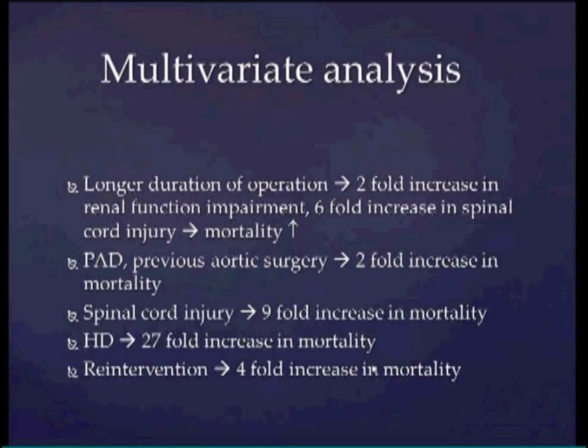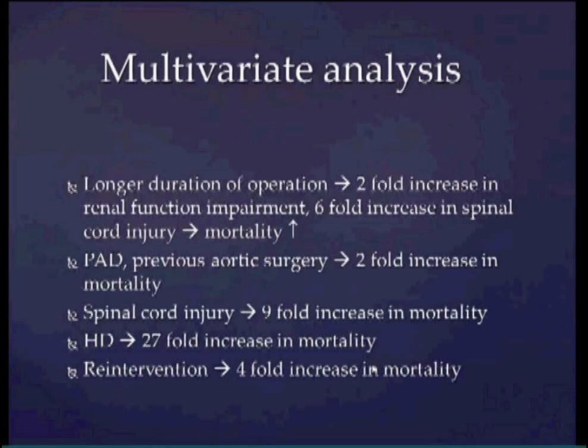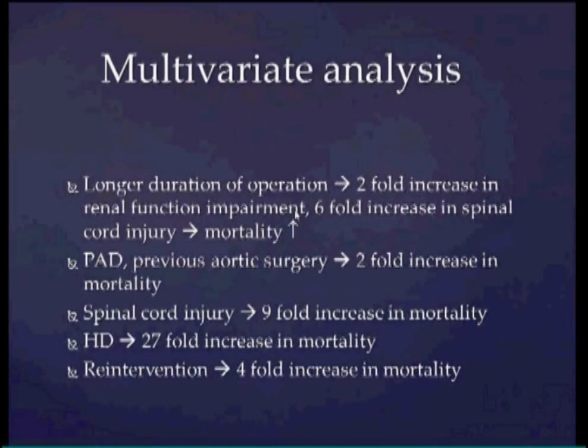Here are the results of multivariate analysis. So we're talking about the outcomes in the early period, basically about a month after the repair. The longer the duration of the operation, there will be a 2-fold increase in renal function impairment and a 6-fold increase in spinal cord injury, which was always translating to higher mortality.